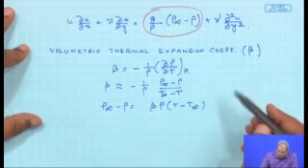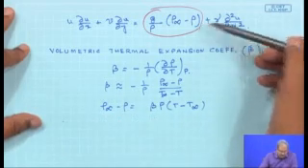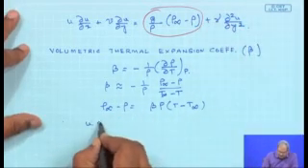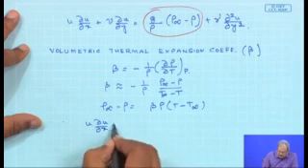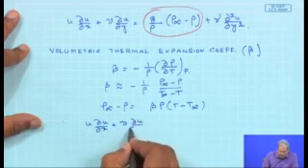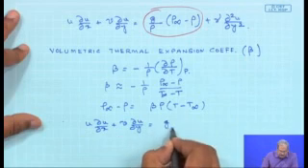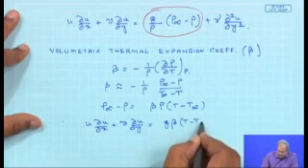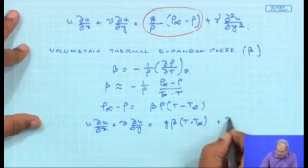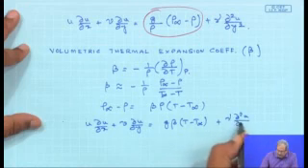Therefore, this equation can be written as u ∂u/∂x + v ∂u/∂y = gβ(T - T∞) + ν ∂²u/∂y².